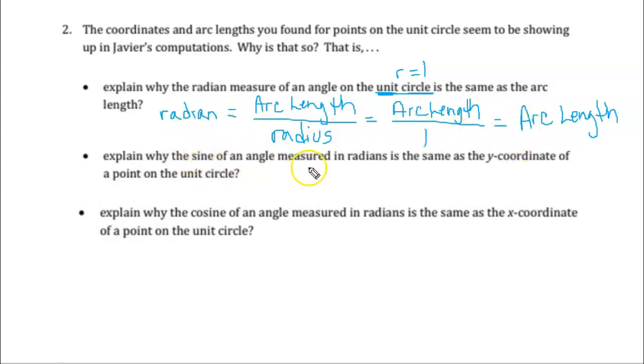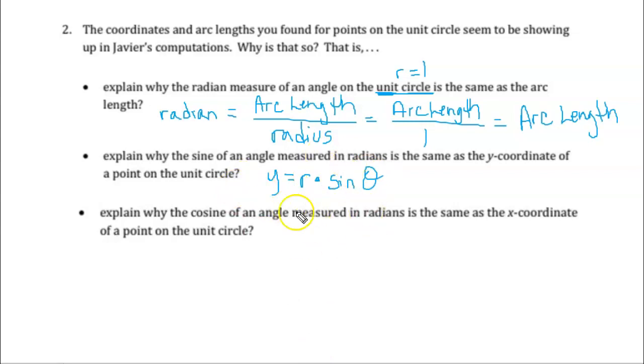Explain why the sine of an angle measured in radians is the same as the y-coordinate of a point on a circle. Thinking back to lessons 1 through 5, we worked with that Ferris wheel and we very quickly figured out that the y-coordinate, that height above the midline, was equal to the radius times the sine of the angle.